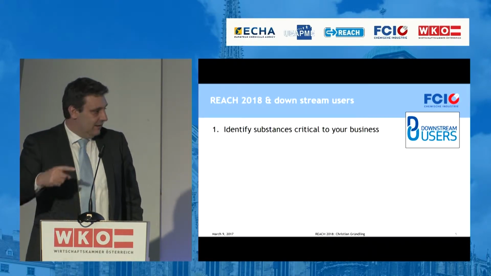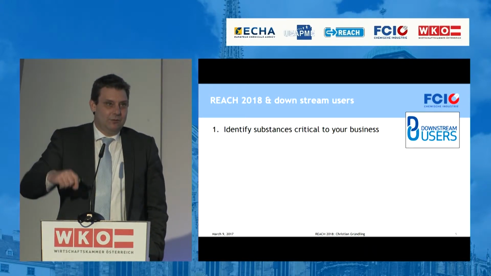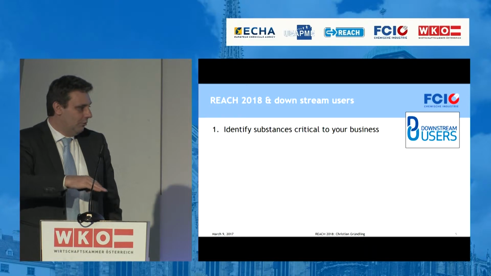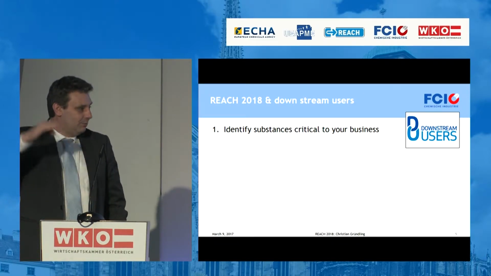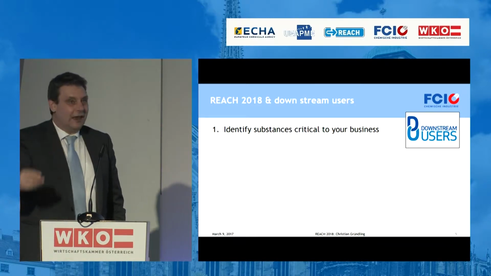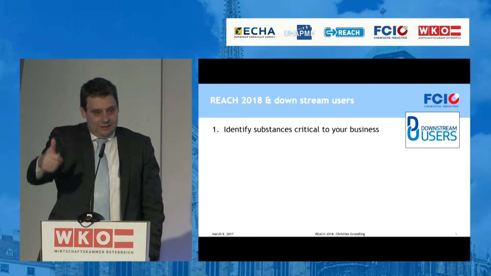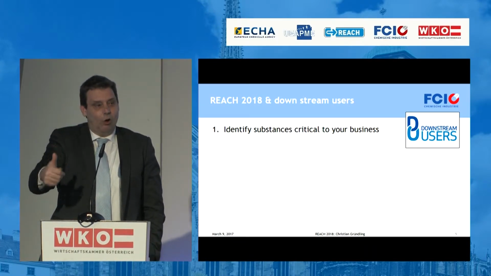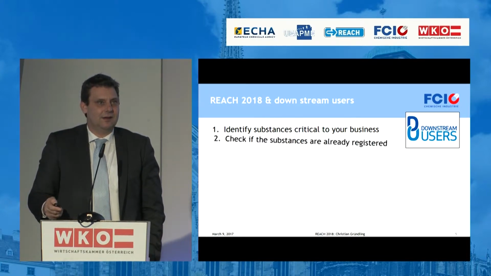In answering these steps, also for downstream users, similar to what we heard, the 7 steps for the registrants, where keep your registration dossier up to date was the 7th, we have steps for the downstream users. First of all, we have to identify those substances which all companies need, which are critical to their business.